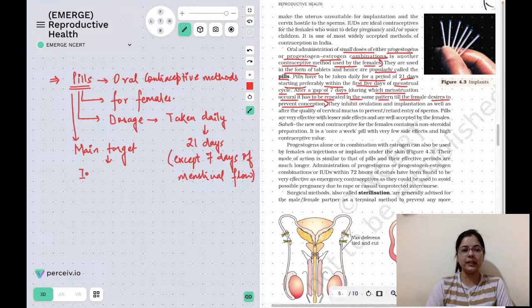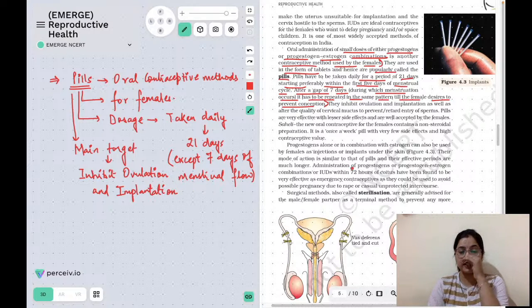their main target is that they inhibit ovulation, and apart from that they also inhibit the process of implantation as well.